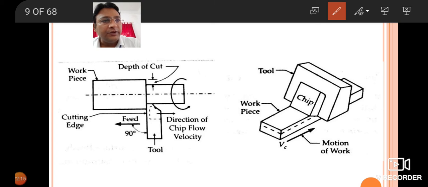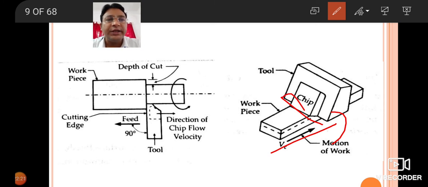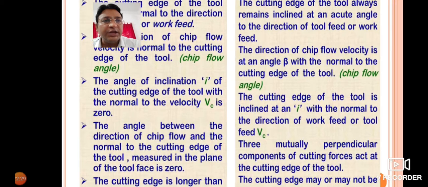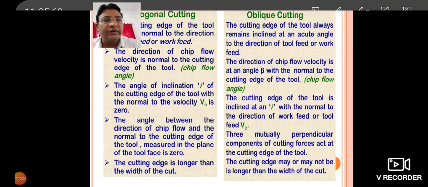There is no inclination, so the tool is not inclined. The angle of inclination I of the cutting edge of the tool with the normal to the velocity Vc is 0.